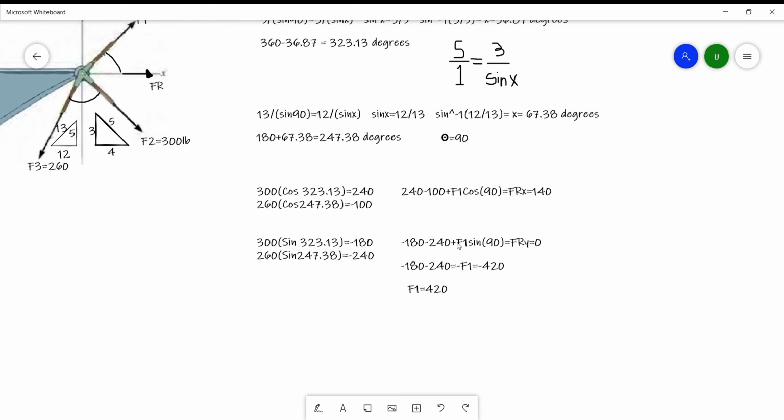So it moves here with a negative sign, and doing this subtraction, it's going to be equal to minus 420, since both of them had a negative sign. I'm just going to transform it to positive, and F1 is equal to 420 newtons.